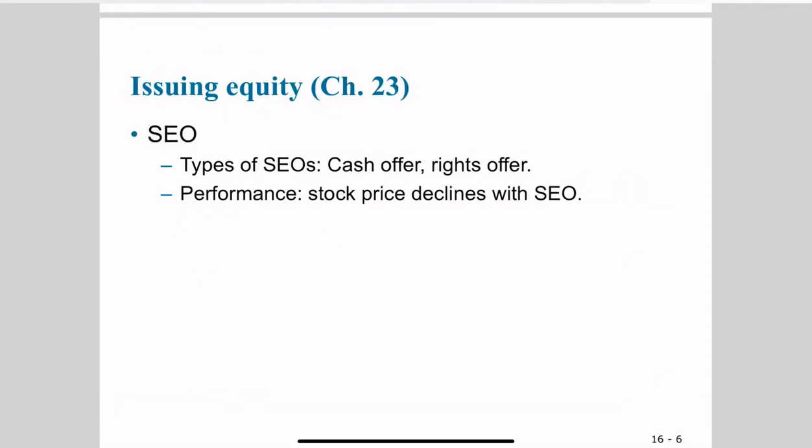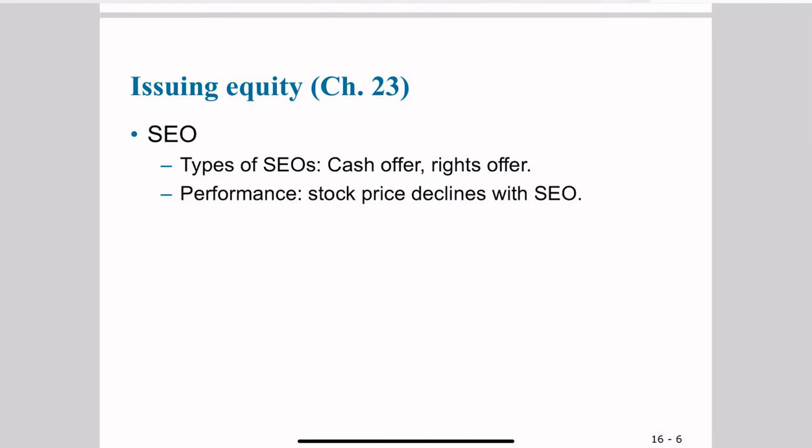Okay, then we discussed SEO. SEO means seasoned equity offering. That is, after the firm files for IPO, it can do some other rounds of equity issuance. So in this case, we will have SEOs.